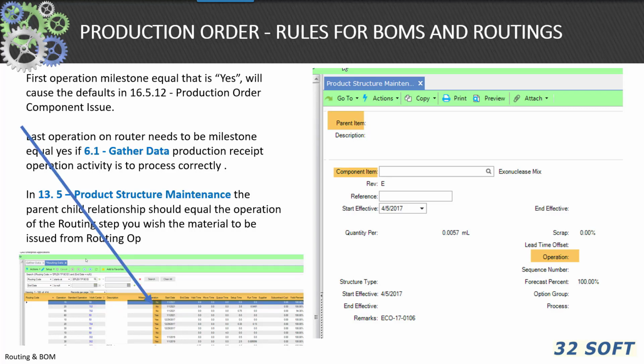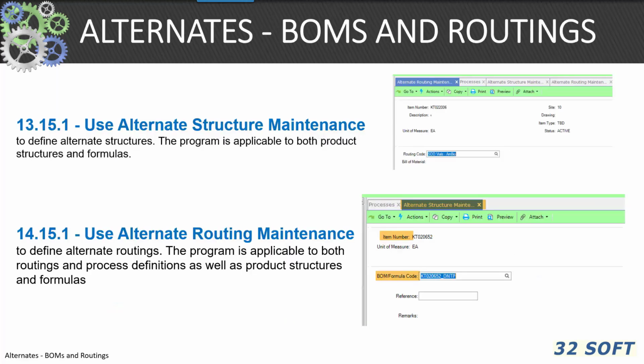Setting the last operation to a milestone is required if you use 6.1, the new gather data or automated solutions functionality. And as we mentioned, the way that you consume product at the operation is through the bill of material by that op code in the BOM.